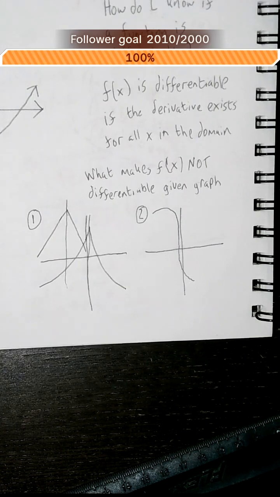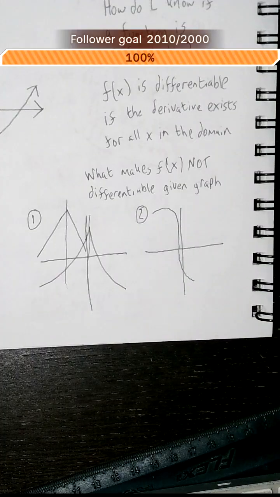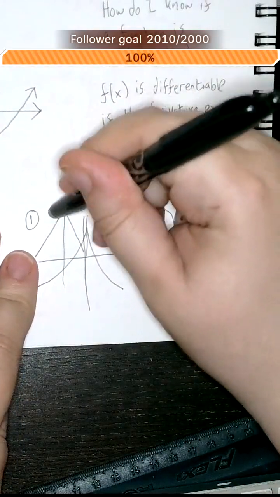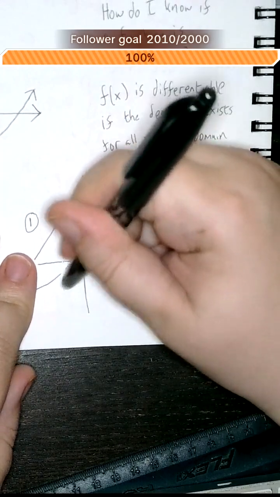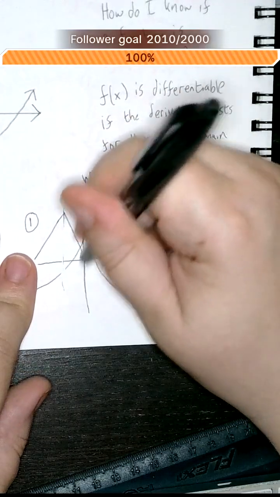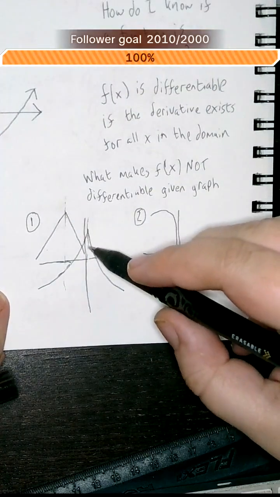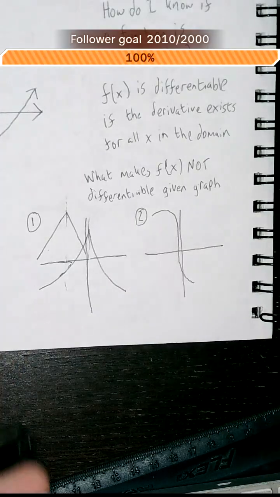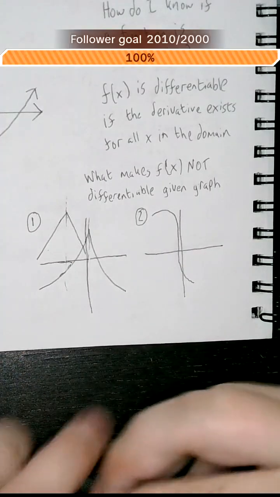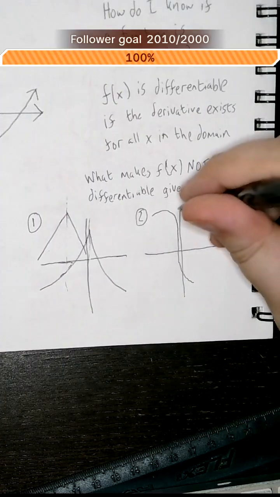Yeah, the tangent line actually isn't defined, so I'm going to erase those. But the idea still holds because we have a sharp switch from positive to negative slopes, or like here, same thing. We are not differentiable here. And the reason number 2 is not differentiable is because we have a vertical slope here.